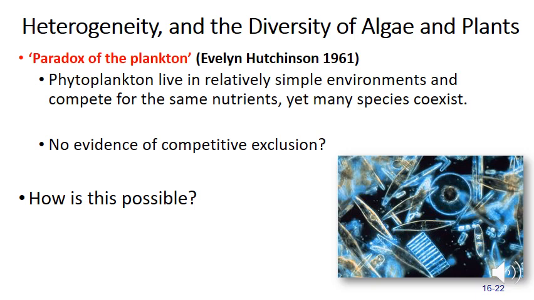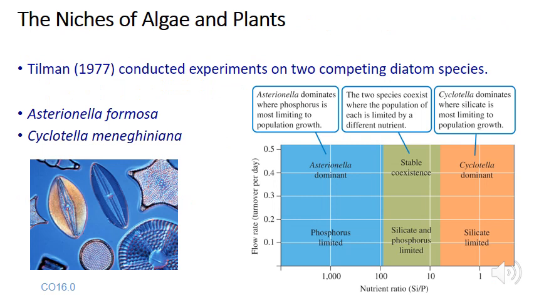They live in what seem to be completely uniform environments. But yet many species of those phytoplankton coexist, and there's no evidence for competitive exclusion in those communities. So how is that possible? How can so many species exist when they appear to be, on the face of it, occupying basically the same niche?